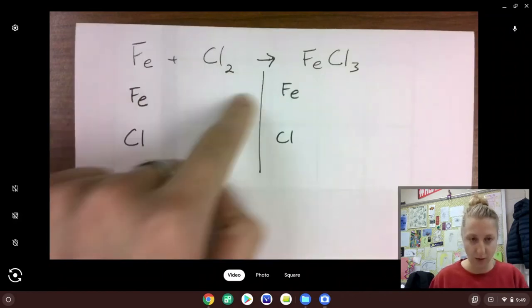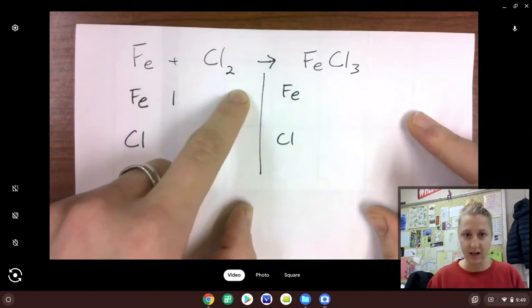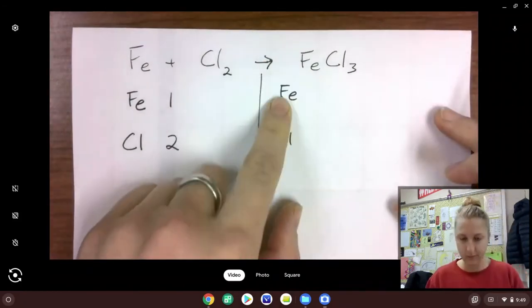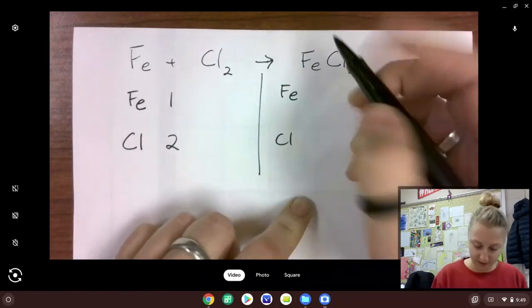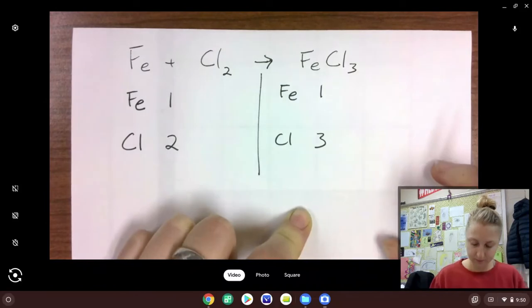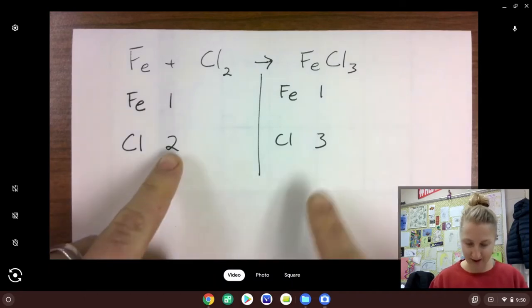So how many Fe do I have over here? Just the 1. Cl, I have 2 of them. Over here, I've just got the 1 Fe, and I've got 3 Cls. Okay, this one's a little bit tricky because you can't quite easily multiply 2 by anything to get 3.